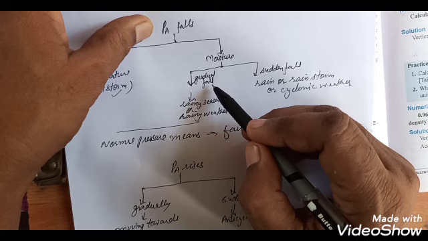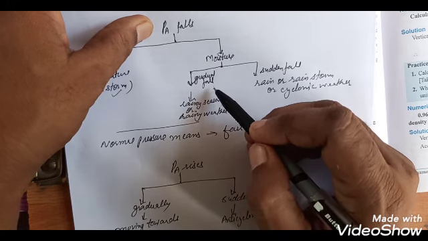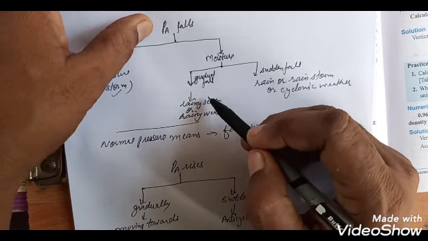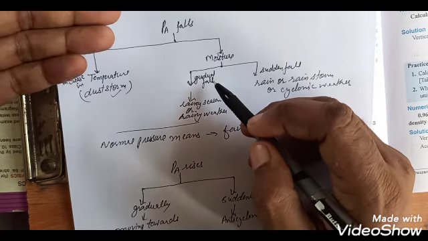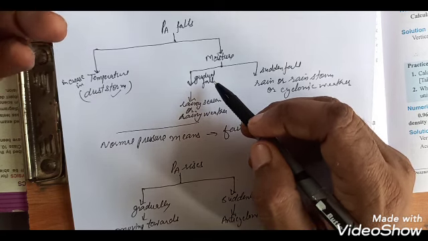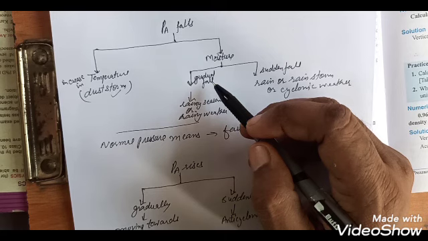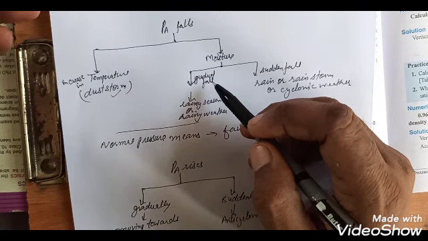If it is falling gradually over a period of time, then what is the possibility? Maybe we are moving towards the rainy season. If pressure falls a little bit every day, keeps on falling gradually for 10, 15, 20 days, then that means we are moving towards the rainy season.